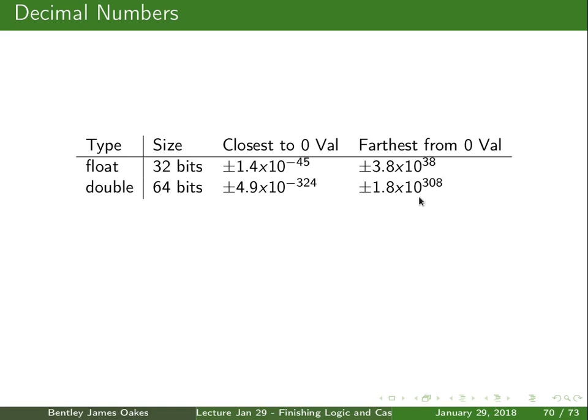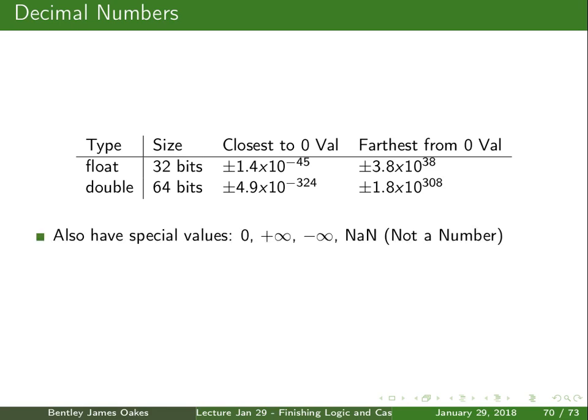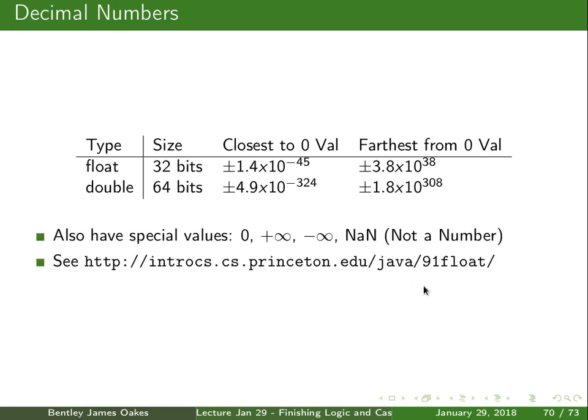So they have a minimum and maximum range, and then there's 0 in the middle. If you look at floats and doubles, their precision actually matters for how far from 0 you'll get. So it's very complicated. We're not going to talk about that, but if you're interested, there's a link.